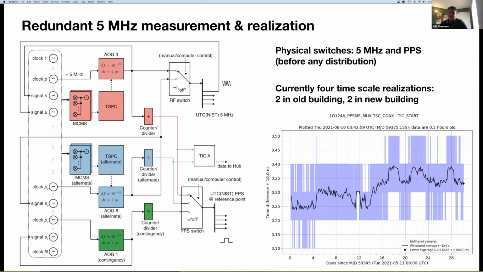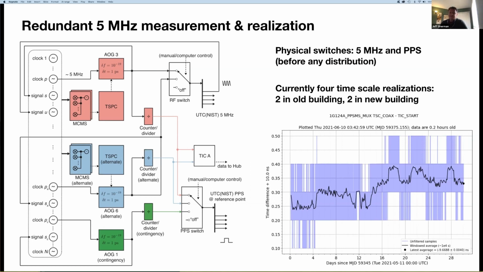But having made those choices, we implement the measurement and the generation of UTC NIST redundantly. So here, for example, in red are measurement systems and the output synthesizer, which are considered the primary output, and the blue is an alternate drawing from the same population of clocks. These timescales are generally kept to within 50 picoseconds of each other by a steering algorithm.